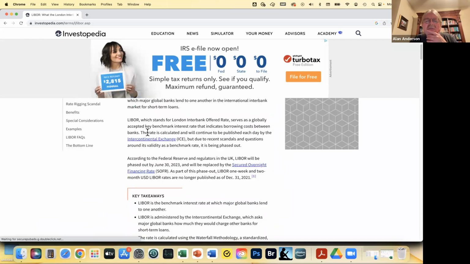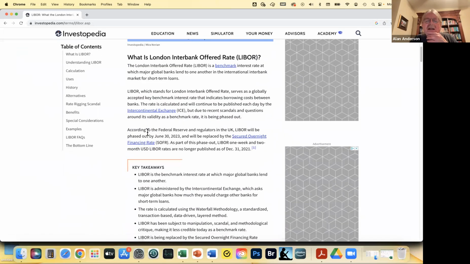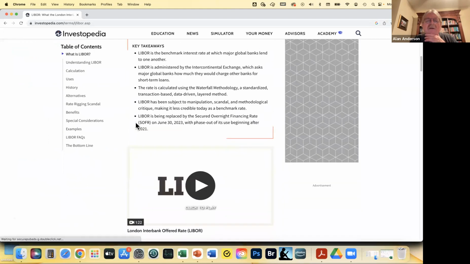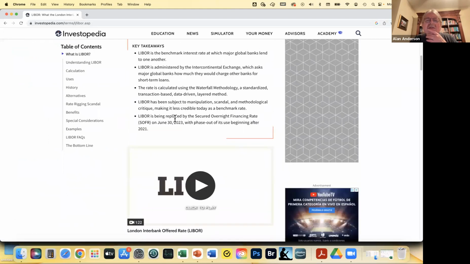It used to be easy to keep track of it. There'd be a dollar LIBOR, a Swiss franc LIBOR, a yen LIBOR. Now they all have a different name. So the dollar LIBOR is being replaced by the secured overnight financing rate, SOFR. What will happen is if one bank needs to borrow from another one, the transaction is collateralized by a treasury security.